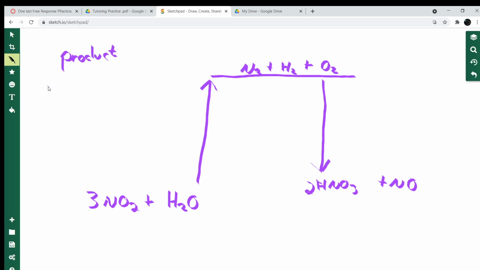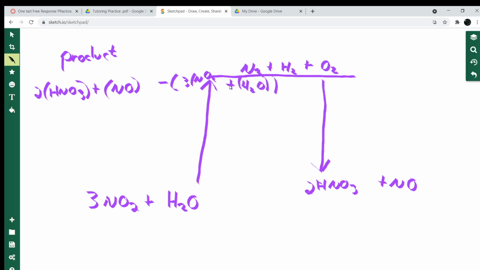So we take 2 times the value that it gives us for HNO3 plus the value it gives us for NO, and subtract from that 3 times NO2, because this is fake news, we're not really going there, plus the value for H2O.